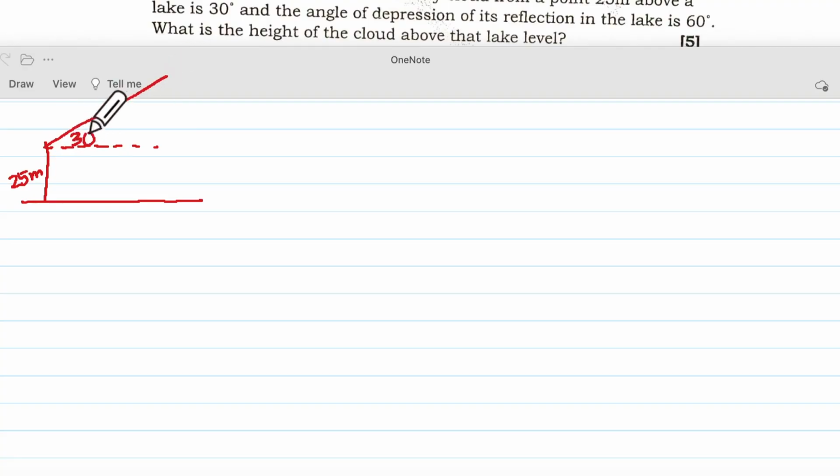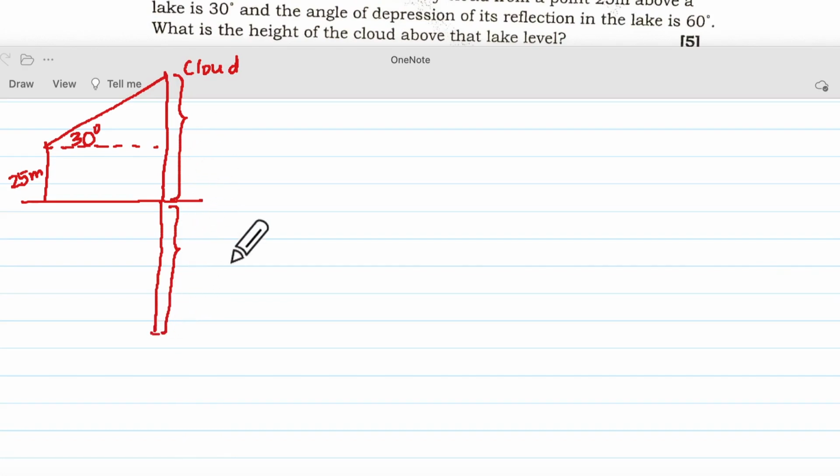So I'll show here 30 and then I will say this is the cloud, and it's going to have its reflection, in which this much distance will be equal to this much distance because object distance equals image distance. Okay, and then you will take this as 60 degrees. You're with me?